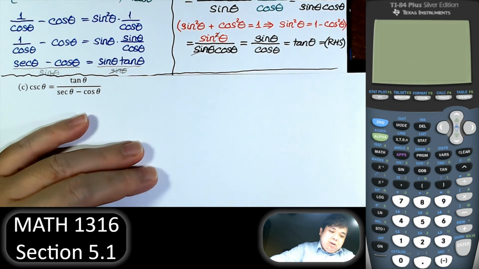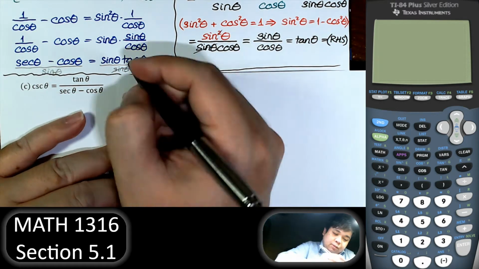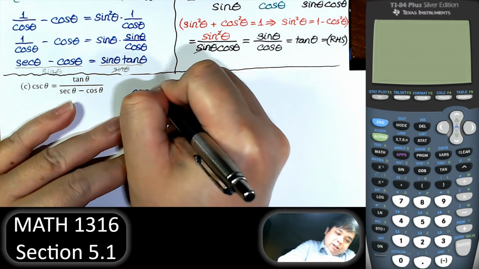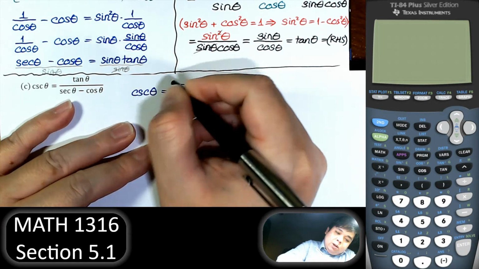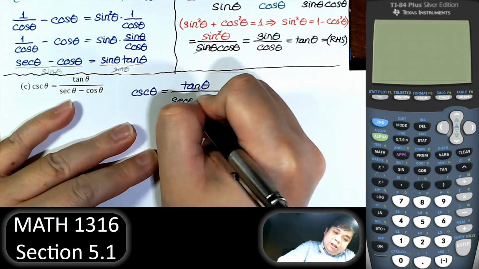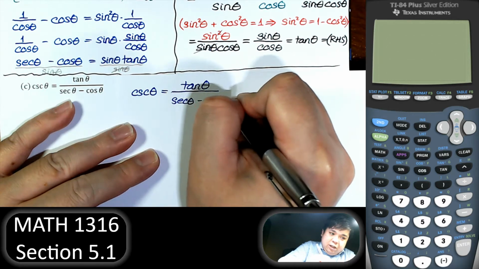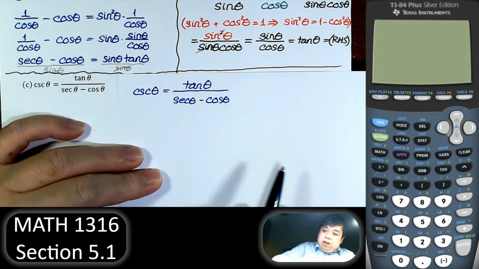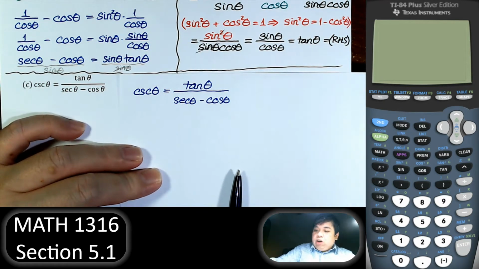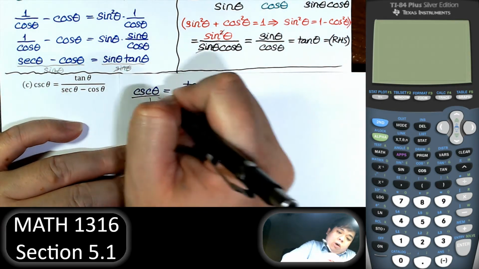Right, so cosecant tangent over secant minus cosine. First thing, to simplify the expression, I will cross multiply.